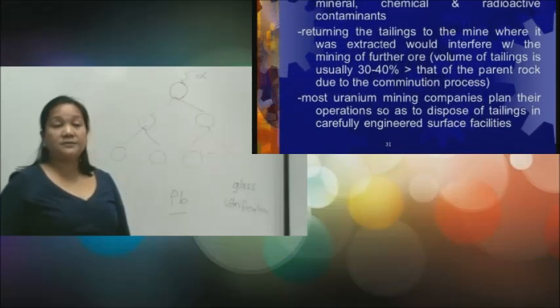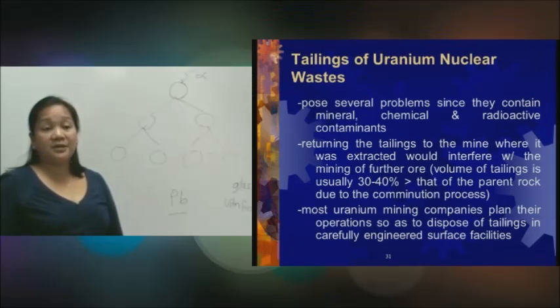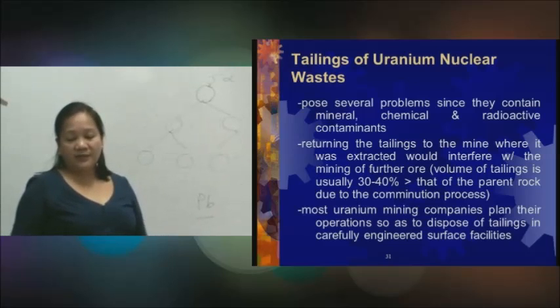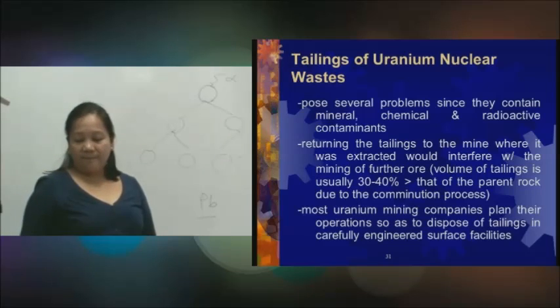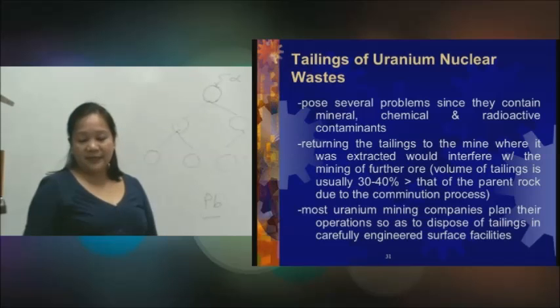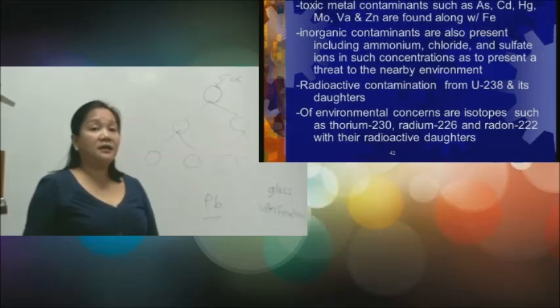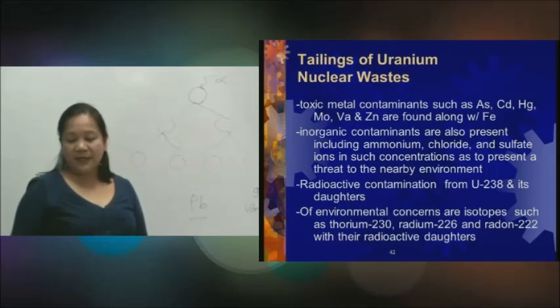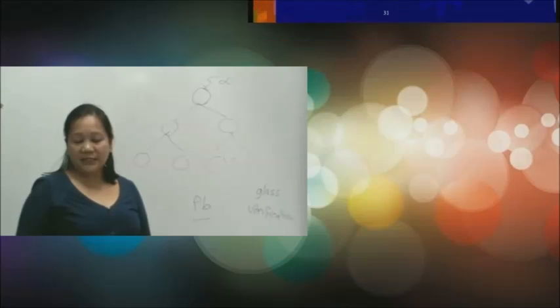Now, since we have mentioned that the tailings can be recycled, so the tailings should be returned where it was extracted, but if only 30 to 40% may be returned, still this may be causing the low-level waste that would cause the specific impacts that we have discussed.